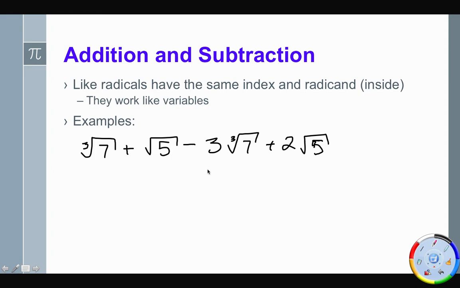We can combine like terms if we have them. We do. We have the 2 cube roots that have the same index and the same radicand, so we can add them together. We have a positive 1 cube root 7 minus 3 cube root 7, which means I have a minus 2 times the cube root of 7. And I have a plus root 5 and a plus 2 root 5, so I get a plus 3 root 5.